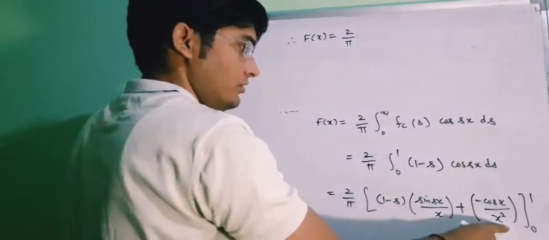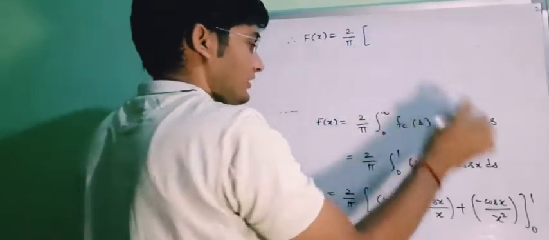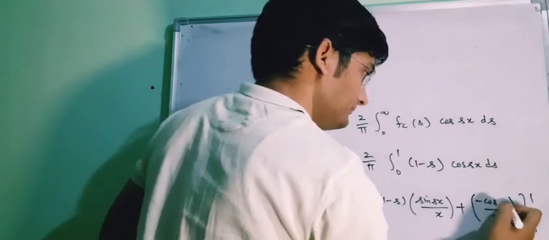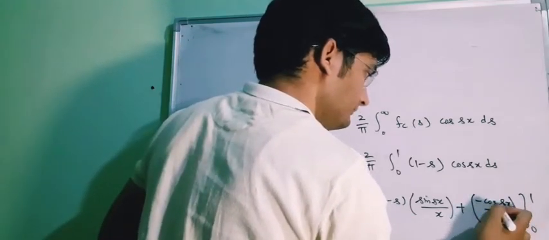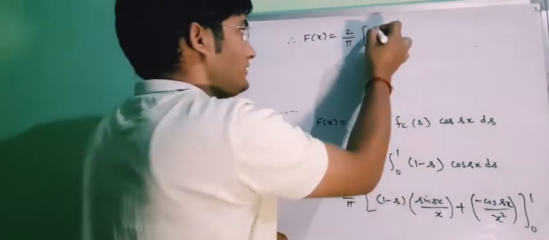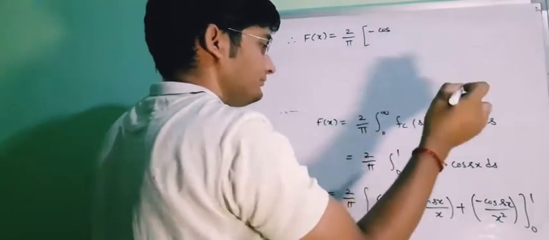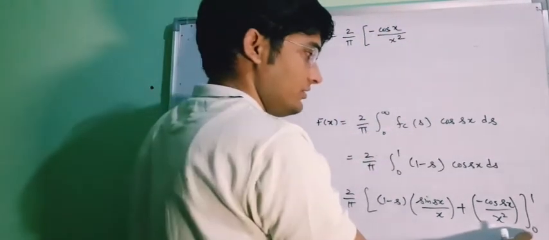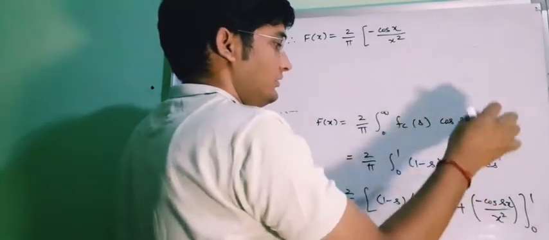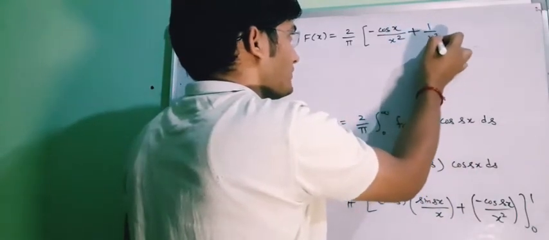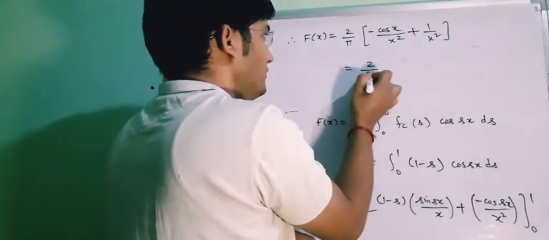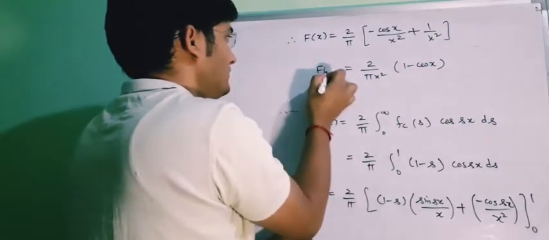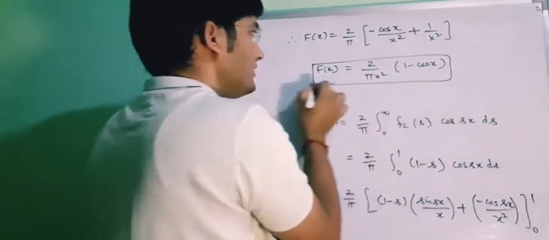Then the upper limit, when s is 1, we get minus cos x upon x square, and for the lower limit, when s is 0, we get plus 1 upon x square. So your answer will be 2 upon pi x square times 1 minus cos x. So this is the solution of the integral equation.